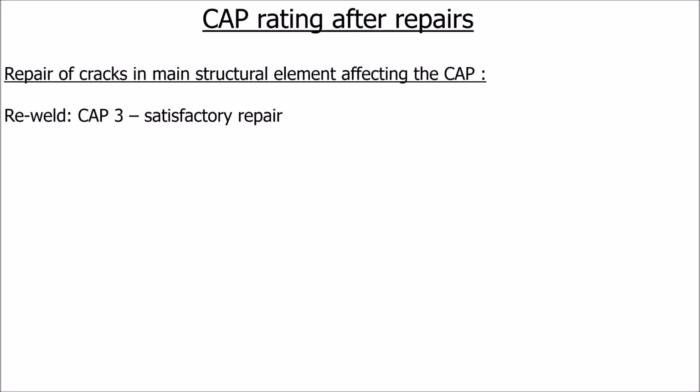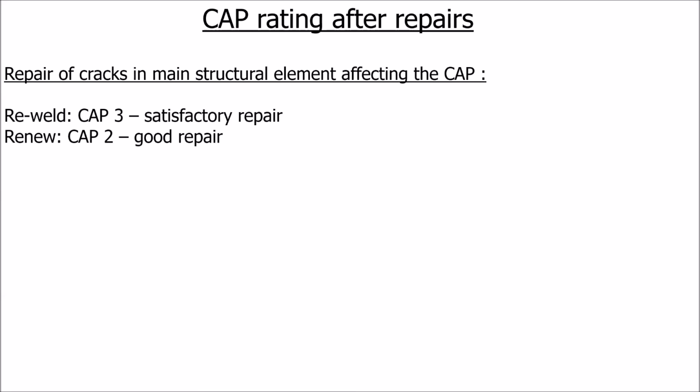If you re-weld it, you can have it approved CAP 3, just above the CC line, but that's it. If you renew it, you have the same kind of design, same construction. You just replace the material, but you know there was a crack there before, so it will probably crack again sooner or later because the crack happened before because of too much tension and too many cycles for fatigue.